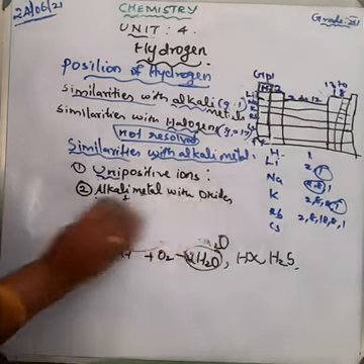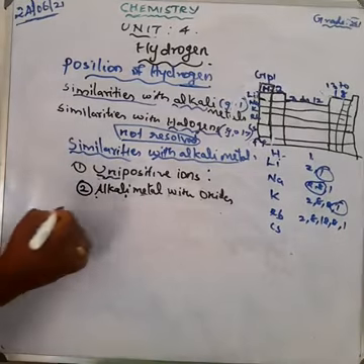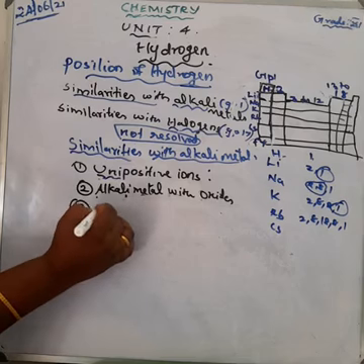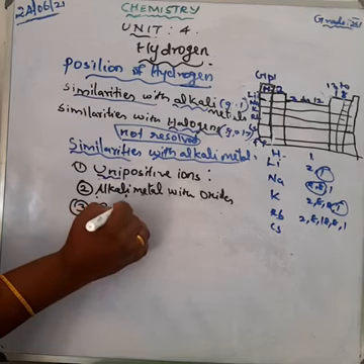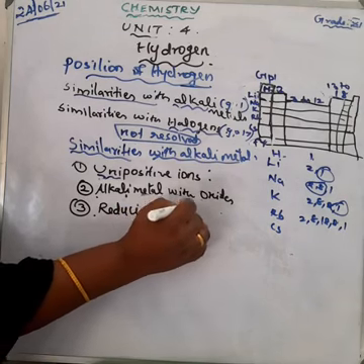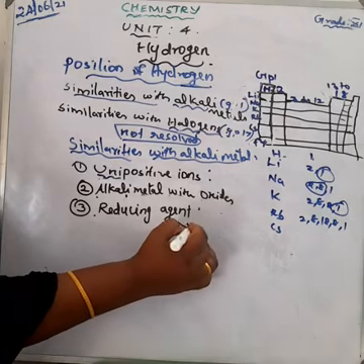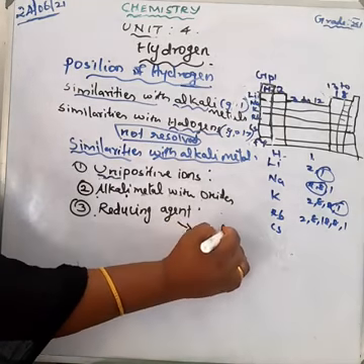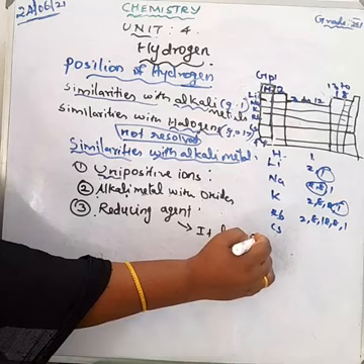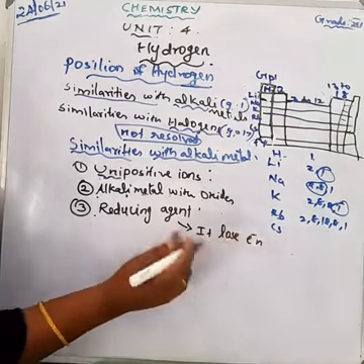What is the third similarity? Hydrogen also acts as a reducing agent. What do you mean by reducing agent? A reducing agent loses an electron in the redox reaction.